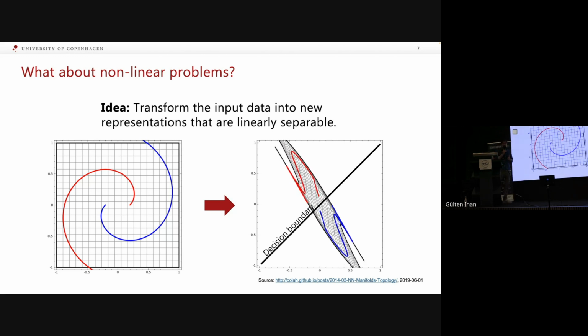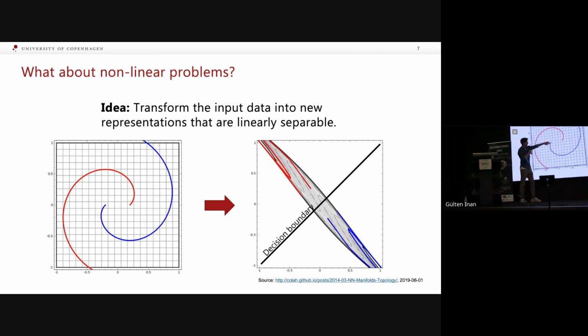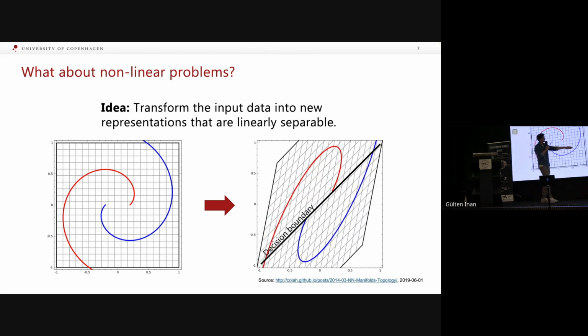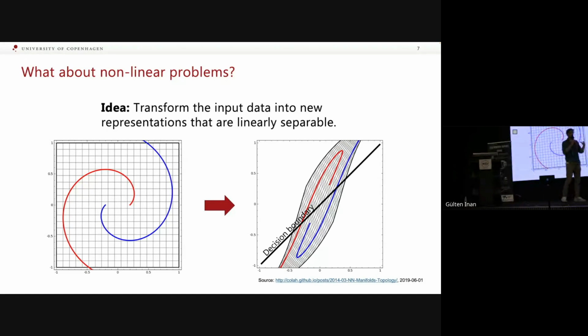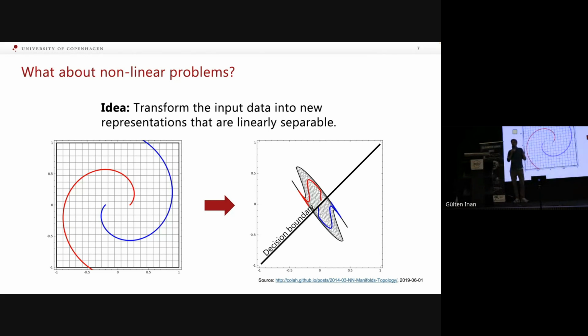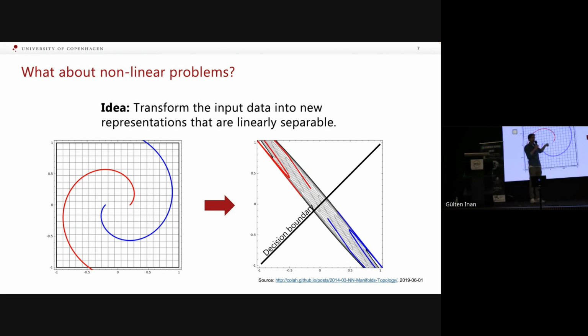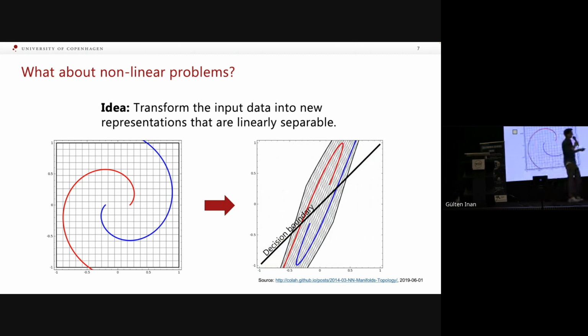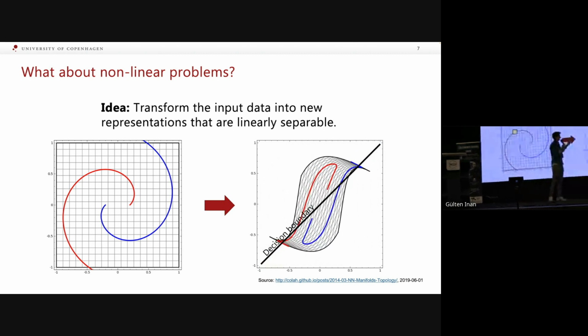And the idea is, oh, can we learn to project? So let's take this spiral data set as a problem. You see that the linear decision boundary cannot separate these two classes, red and blue, with a linear line, right? So the question is, can we transform the input data into a different space, into a different representation, where it actually becomes possible to draw a linear line and separate the data?